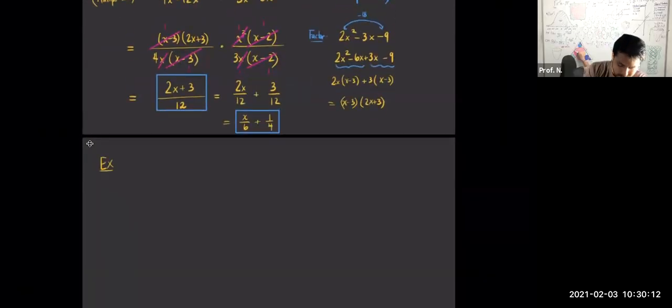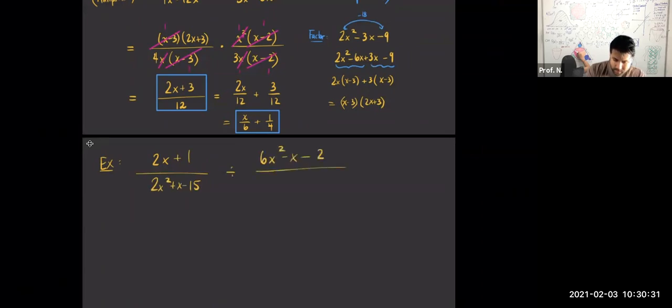So what happens now? What happens if I get something like this? 2x plus 1 divided by 2x squared plus x minus 15, divided by 6x squared minus x minus 2 divided by x plus 3.